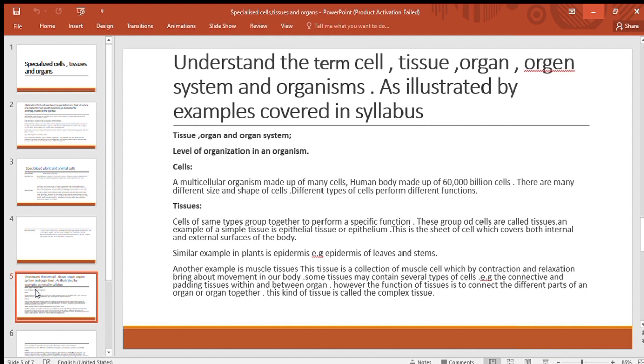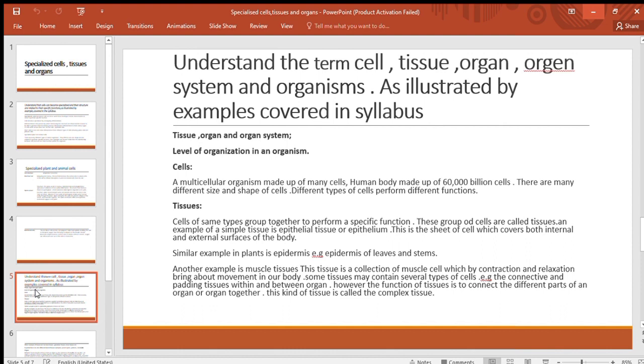I will give you a brief overview. Cells are grouped together to form tissues. Tissues collectively form an organ, and organs function in an organ system, and hence an organism is formed.